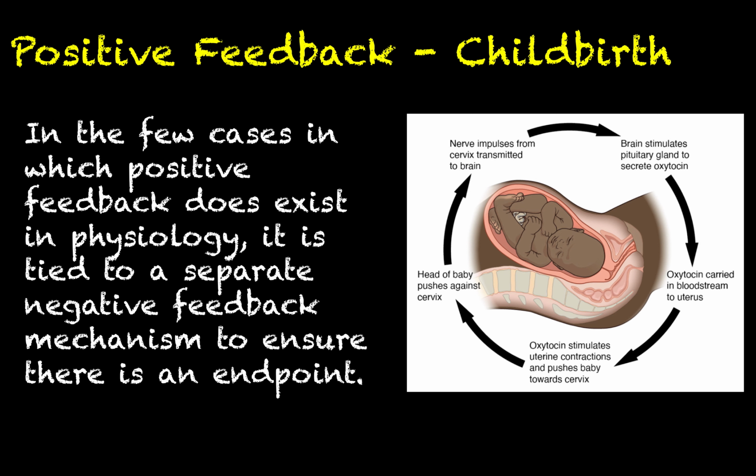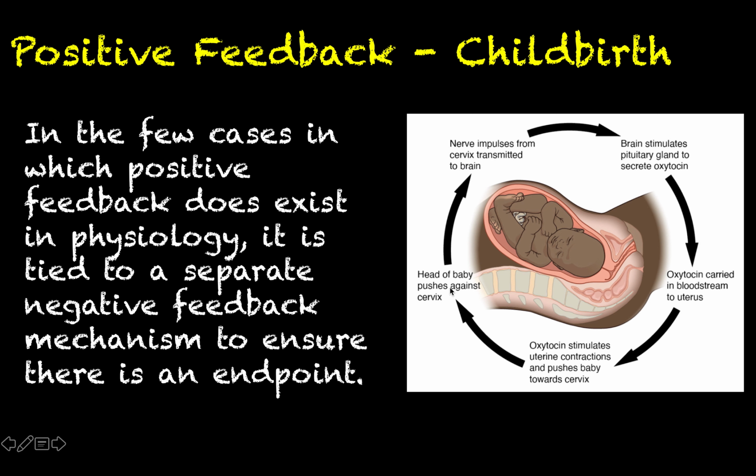A good example of this is childbirth. The idea is that once a baby reaches the end of the gestation period, it starts to descend down into the birth canal, and in doing so, it starts to place pressure on the cervix.